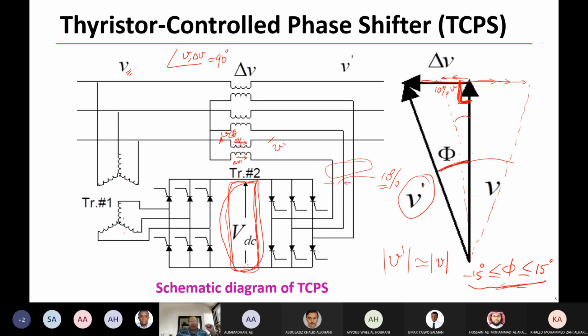We don't need any other angle. Of course, you can control this voltage. And later, if you go, for example, to the second generation of FACTS devices, we have some new technology in power electronics that can give us this delta V in this locus.